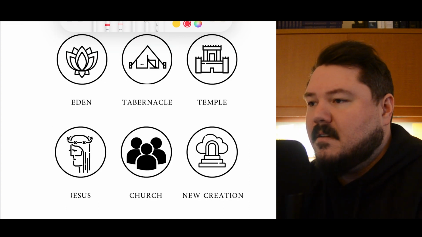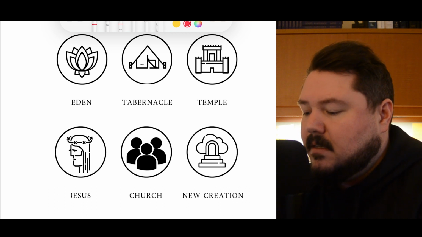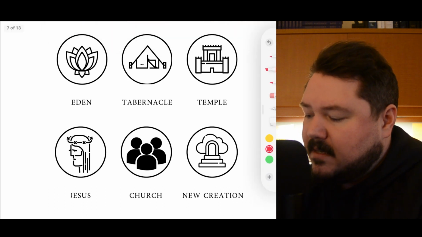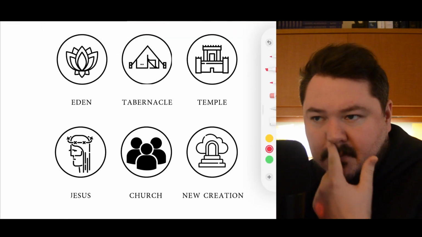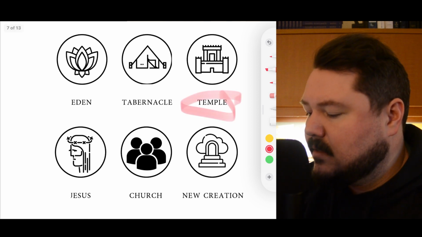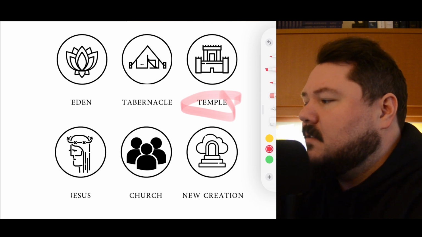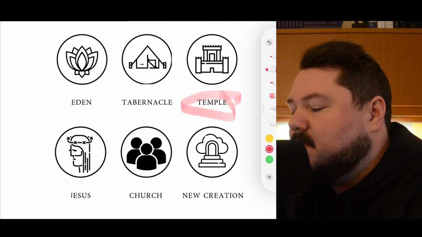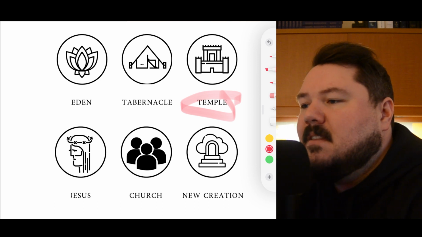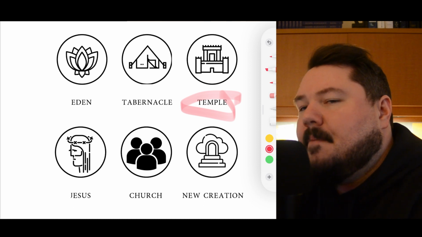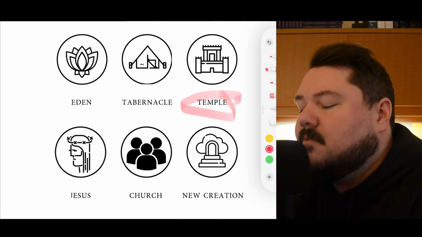One of the things I just wanted to tease out, one of the things that I've noticed, and I pointed out as we were reading through it, was just the prevalence of the temple. And not only here in this chapter, but the next chapter, the temple seems to be this big theme. And they're very concerned about what happens in it and whatnot.